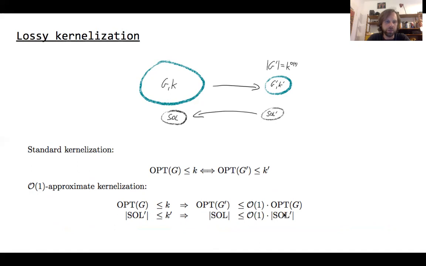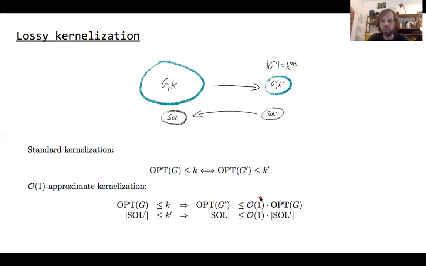So in a standard kernelization, the relation between optimum and the parameter k is preserved. If we're interested in constant factor approximate kernelization, then whenever optimum is at most k, the compression algorithm shouldn't increase the optimum too much.